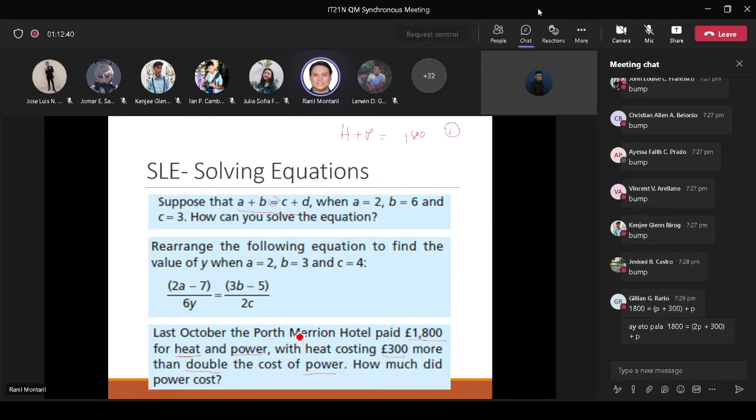The second equation is what? Sabi dito may relationship. Heat costing 300 more, double the cost of power. Therefore, heat is equal to 300 more of twice the cost of the power. And this is now our second equation.